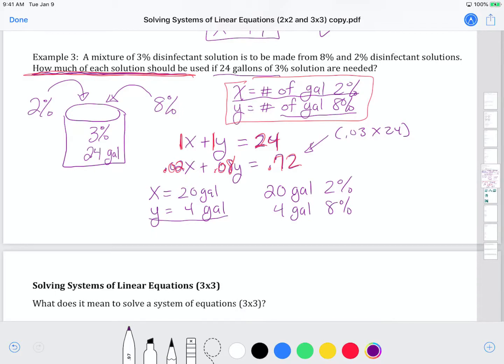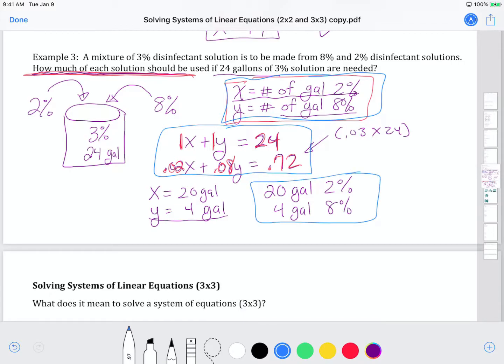So the majority of your points when you're using your calculator to solve will come from the setup. I'm going to expect to see that you have your system of equations set up, and I want to see your variables set up, and that's where the majority of your points are going to come from, and then your answer and how you interpret it. So those are the things I'm looking for when I ask you to use your calculator to solve.